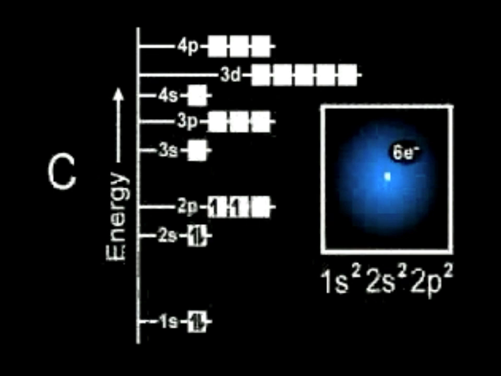Now, if you look at this, and it's a little blurred, you'll see that to indicate the electrons they're using arrows. The first arrow always goes up, the second arrow goes down. That's indicating the electrons have what we call opposite spins. One is spinning clockwise, one spinning counterclockwise, to keep the electrons as far apart as possible. So when you're looking at these, on the right, underneath the 6 electron blur, you see 1s2, 2s2, 2p2.